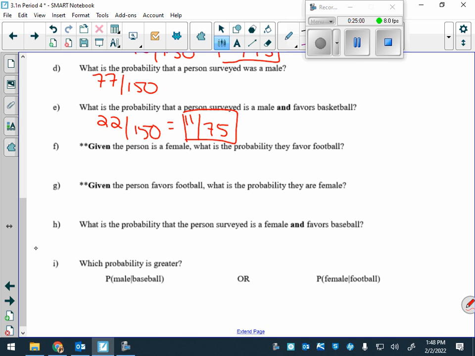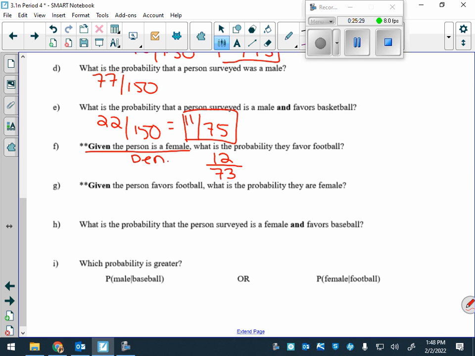Now we get into given. Where you see given the person is female, the total number of females is your denominator. How many females were there? 73. So out of those 73, how many of them favored football? Brayden? 12. Good.